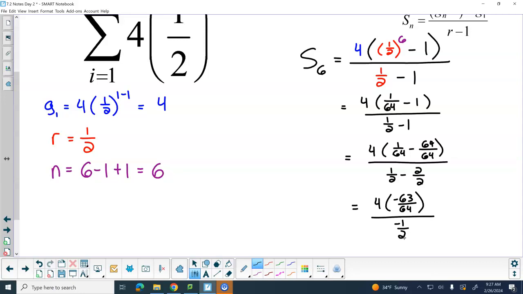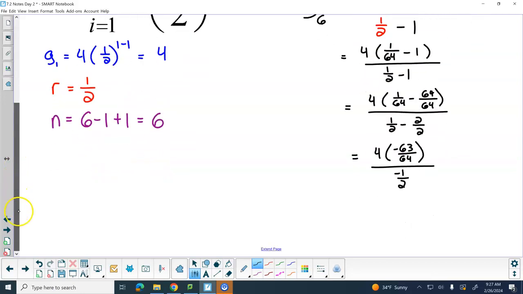We're dividing by a fraction. What are my 3 favorite words? Change and flip. Yep. So I'm going to keep the top fraction, correct? Or in this case, the top multiplication. Like this.